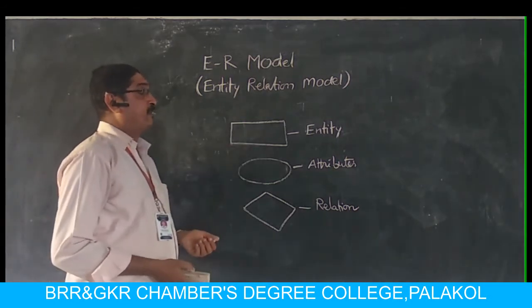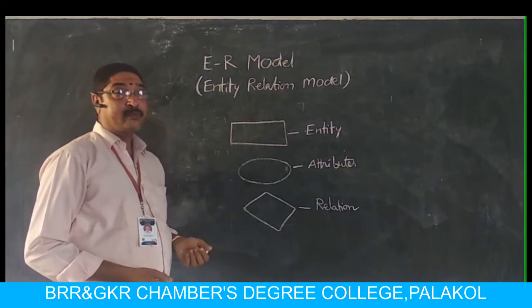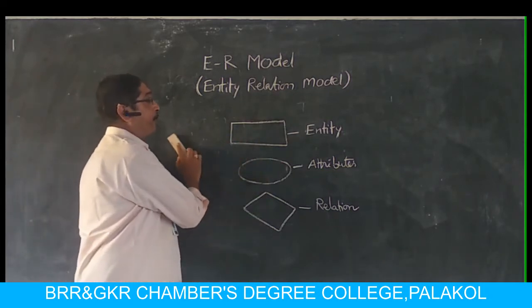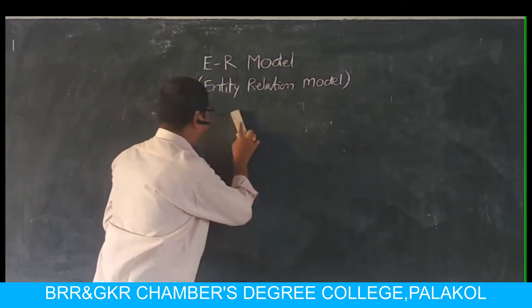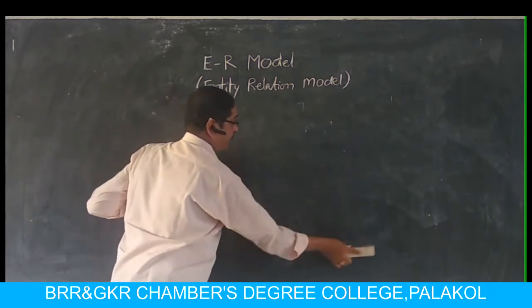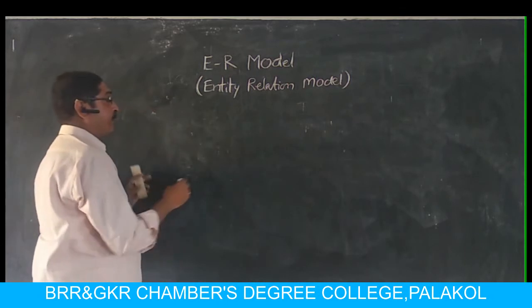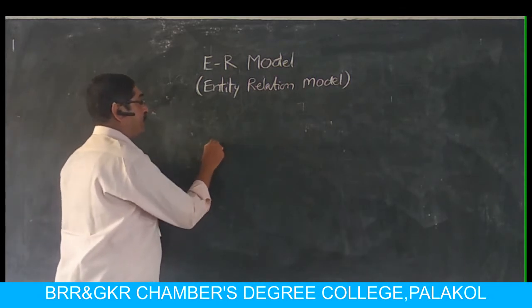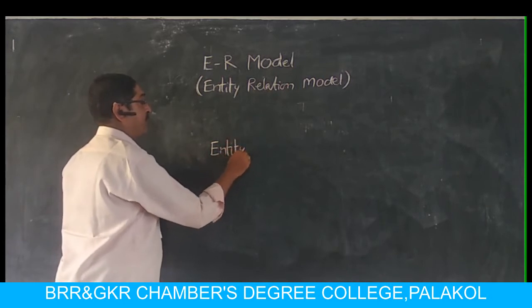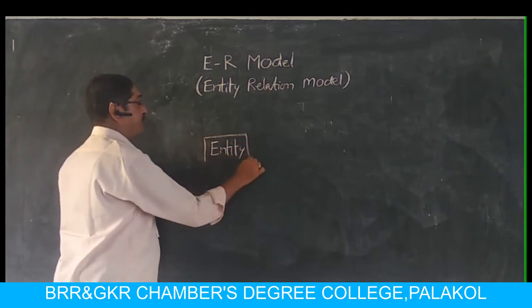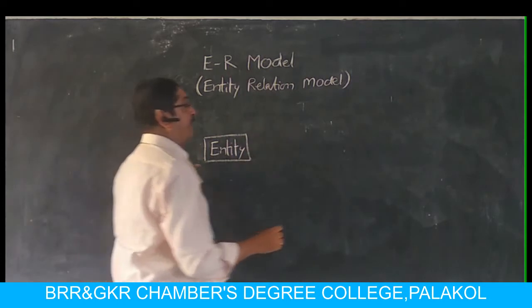Now let us draw a diagram. As a basic example, I will give you a basic model. I have two entities. This is entity 1 and I have another entity.